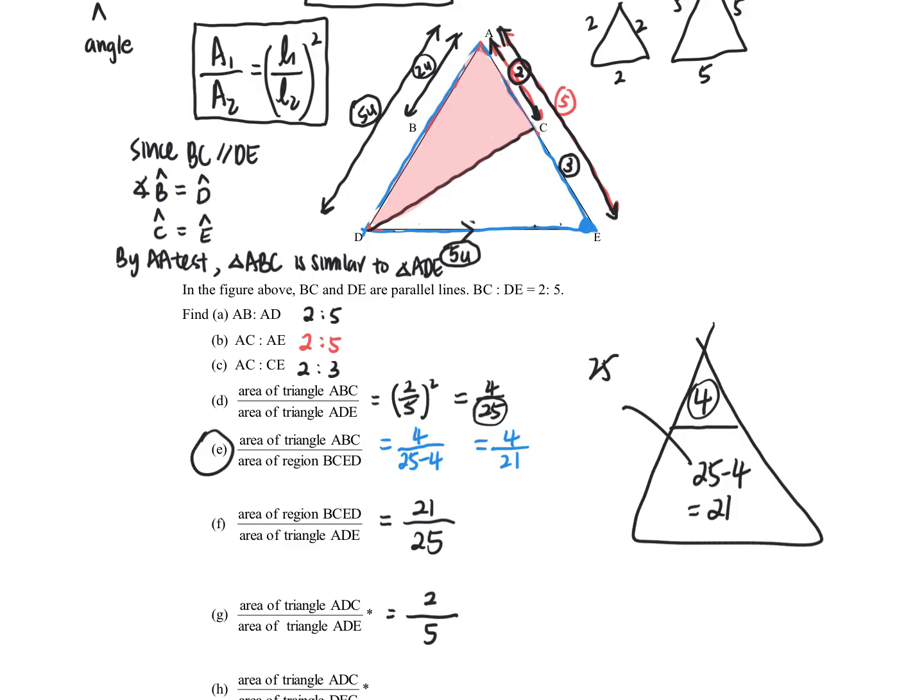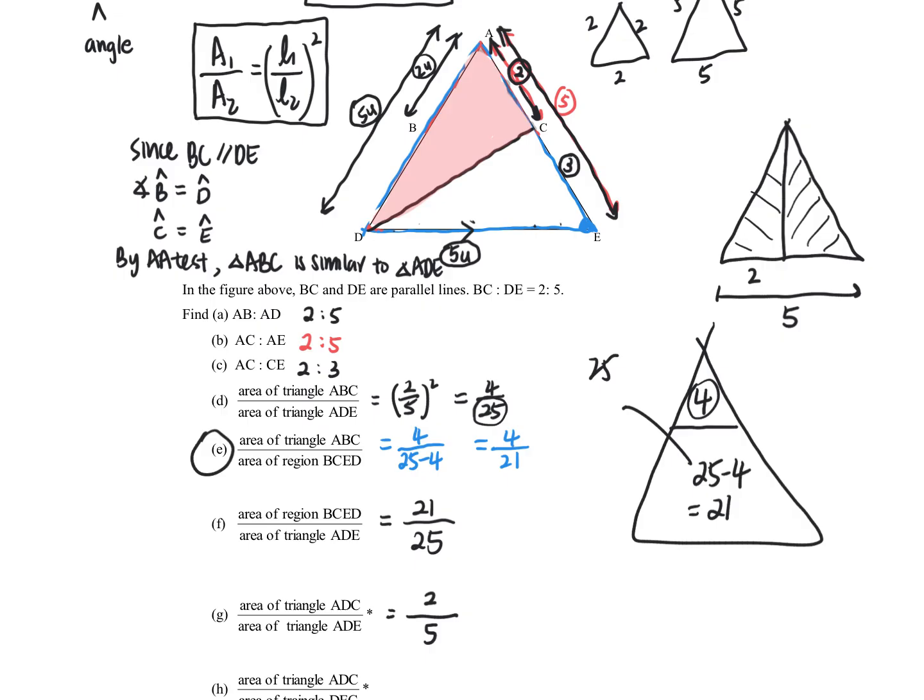Remember, just now if this is 2, the whole thing is 5, then this is 3, so the ratio is 2:3. In this one they are not similar anymore, so we look at it like triangles with common height. This is 2, the whole thing is 5.